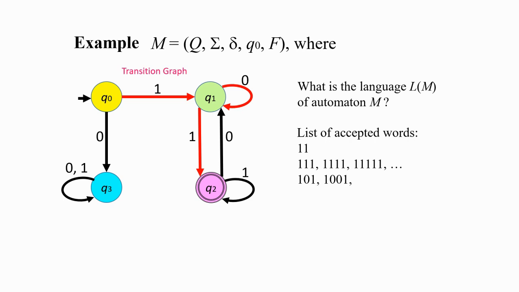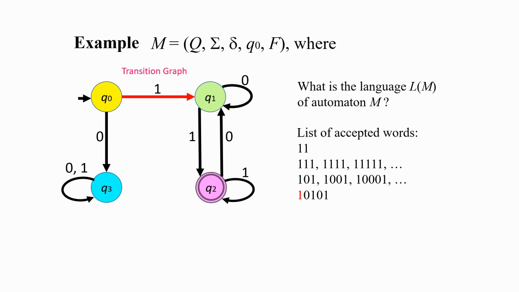Now 1, 0, 0, 1: we can go from Q0 with 1 and then take the loop twice in Q1 and continue with 1 to Q2. Similarly for 1, 0, 0, 0, 1, we take the loop 3 times in Q1, and so on.